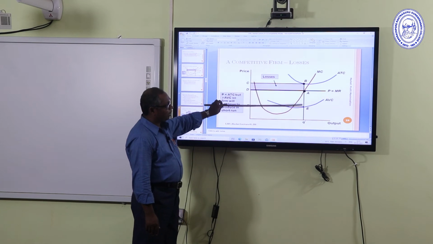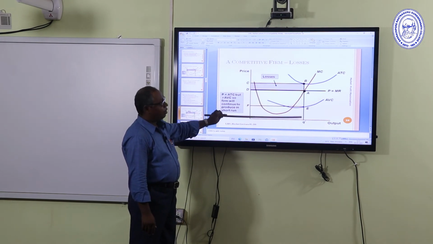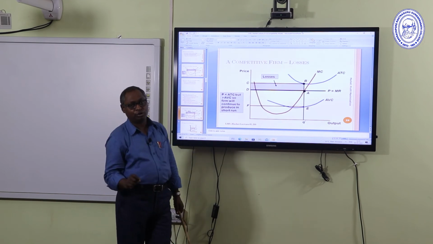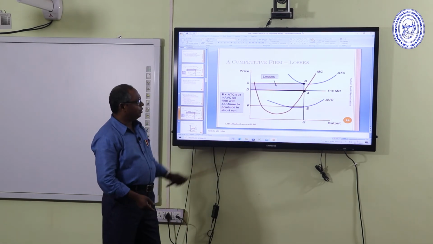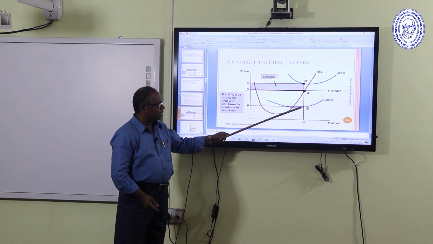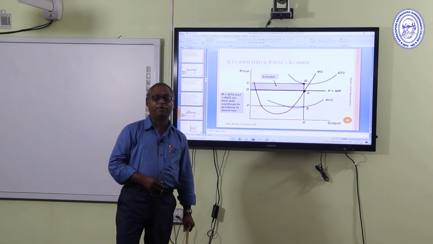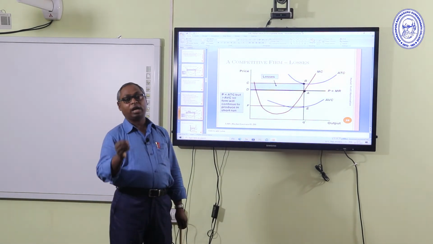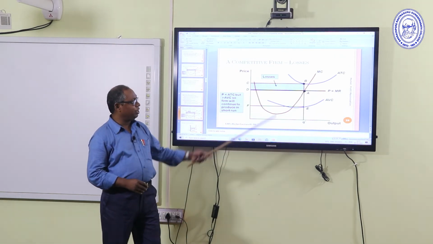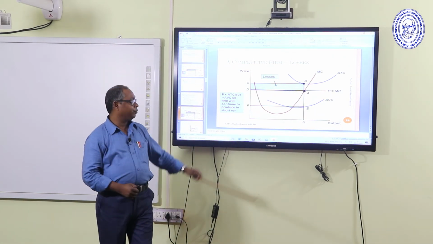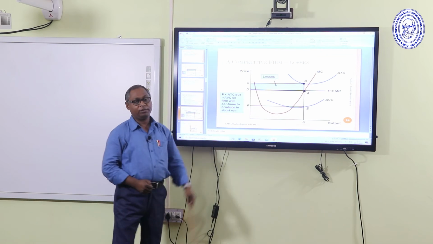The firm will not cover any amount of fixed cost. Not only that, the firm cannot cover the full amount of variable cost also in continuing production. So if it stops production, then at least this amount of variable cost, which is not recovered by the firm during production, cannot be incurred. Only fixed cost will be incurred if it stops production when price is below the minimum point of AVC.